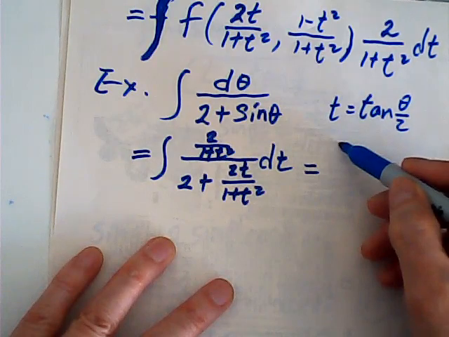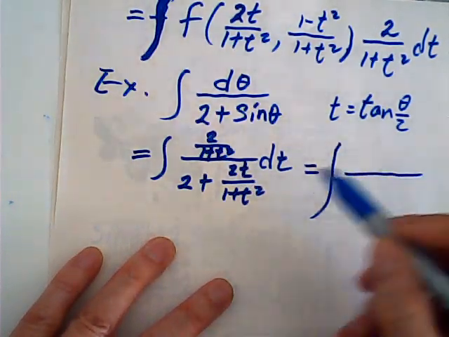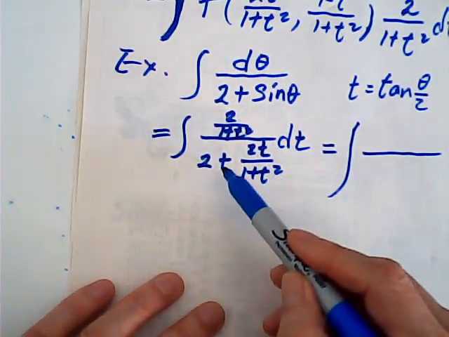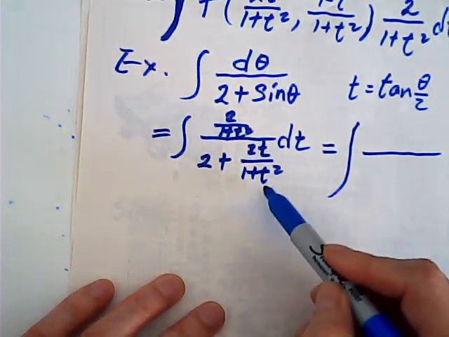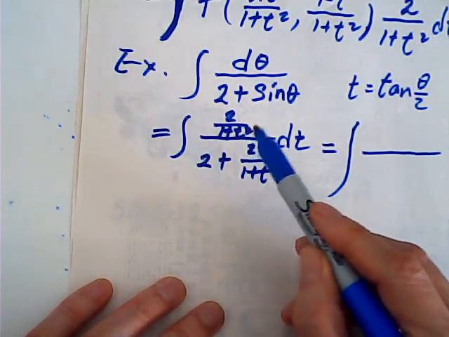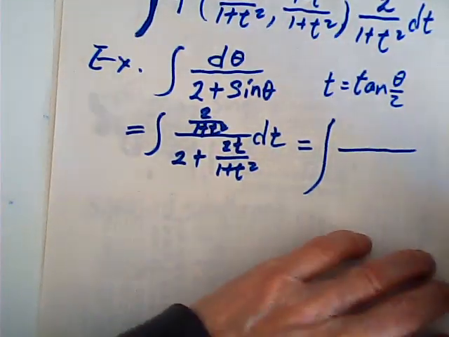Then we end up with 1 over 1 plus t squared, and the denominator is 1 plus t over this. So we multiply by 1 plus t squared, both numerator and denominator.